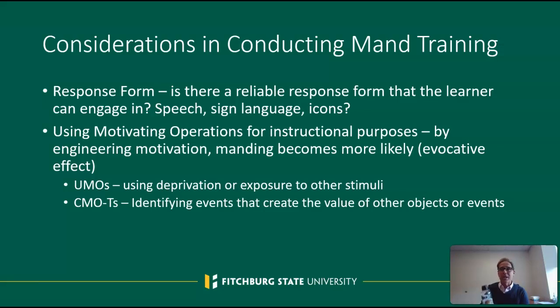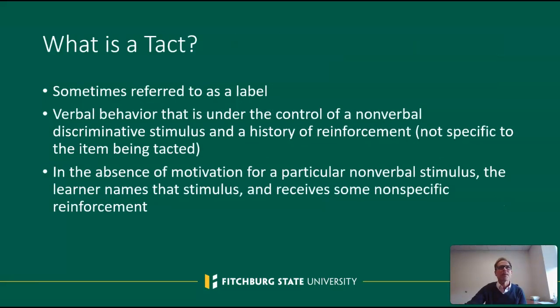Now what we've got essentially, and there's a drink inside of here. Now what we can do is we can occasion the value of someone else opening that bottle, okay? And we can work on the mand of open, right? So we can use CMOTs in mand training as well.